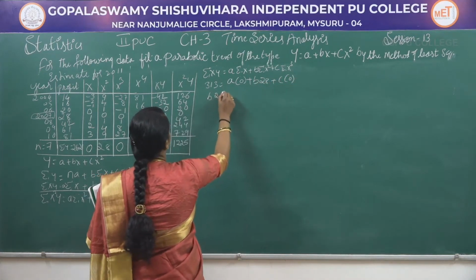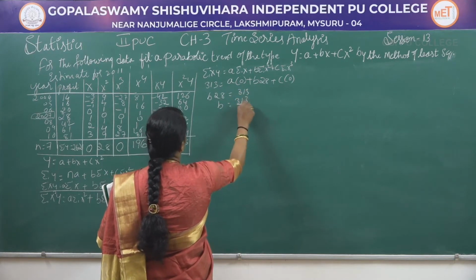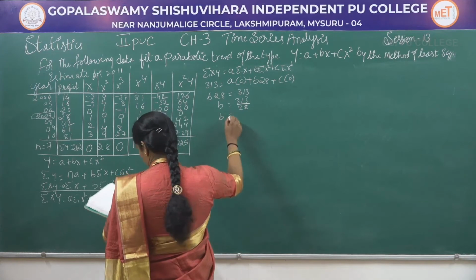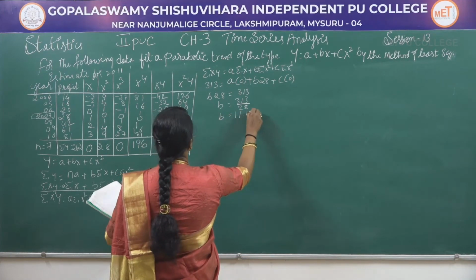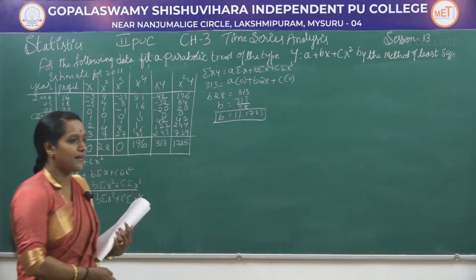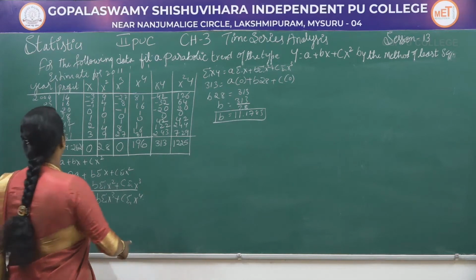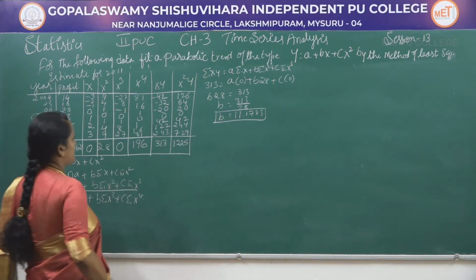So 28b is equal to 313, or b is equal to 313 by 28, so b is equal to 11.1785. Okay.